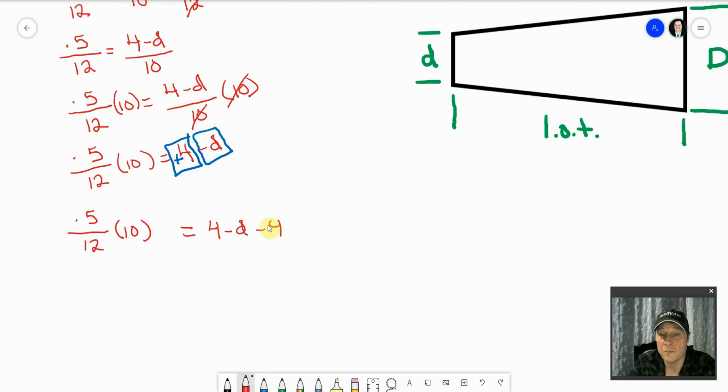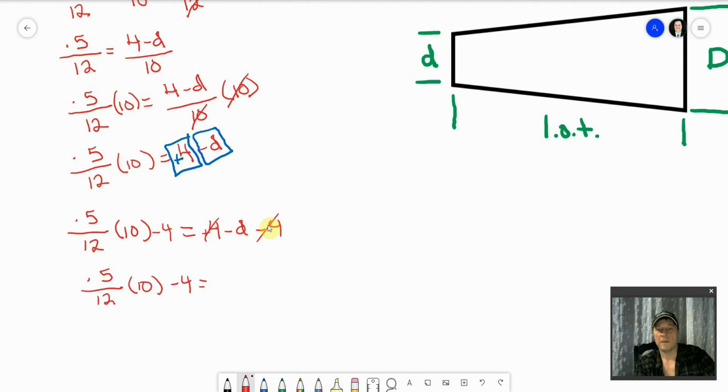And therefore this positive 4 and negative 4 cancel each other out. But whatever I did to this side, I have to do to this side. So I have to subtract 4 from this side. So now our formula looks like this: 0.5 divided by 12 times 10 minus 4 equals what?